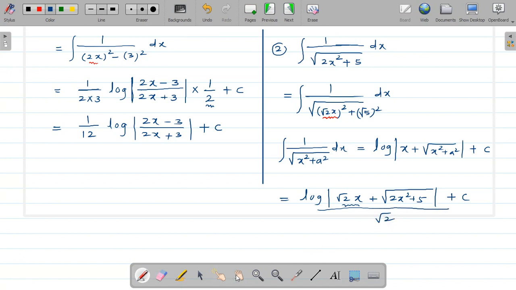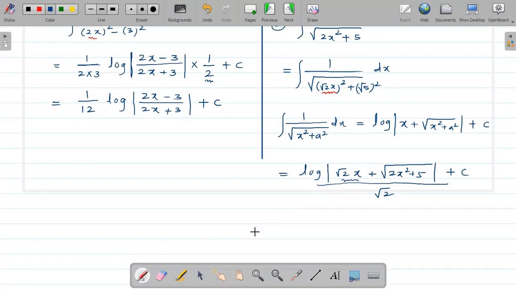So here we have divided that. Now that's why we get the answer, that is 1 upon root 2 into log of modulus of root 2x plus root of 2x square plus 5 plus constant. So this is the answer of the given integration.